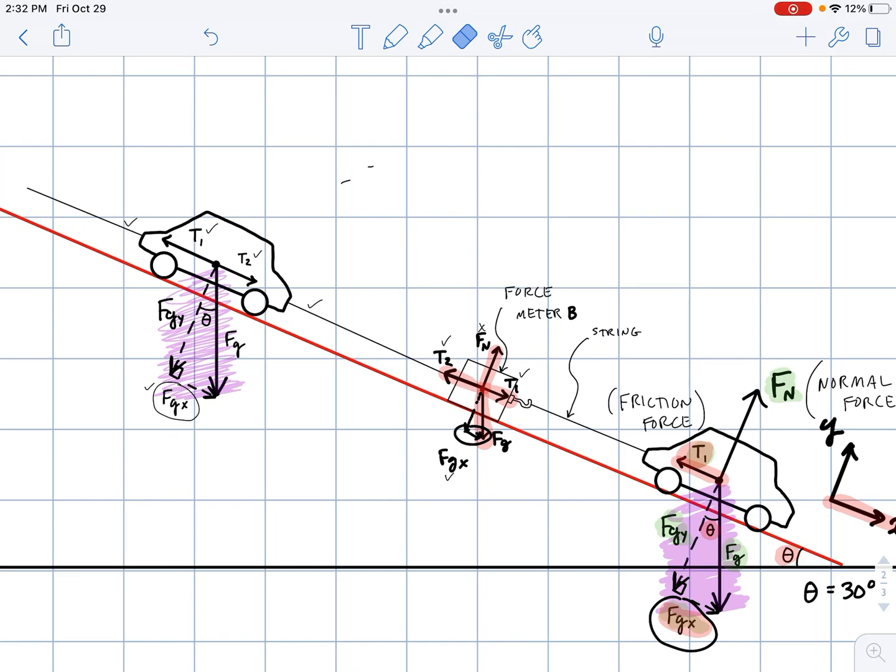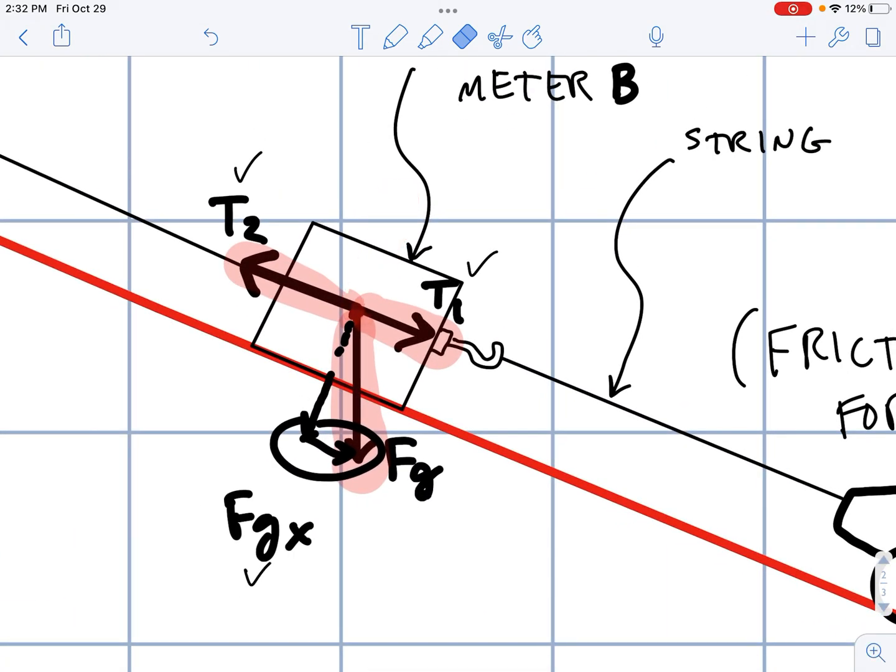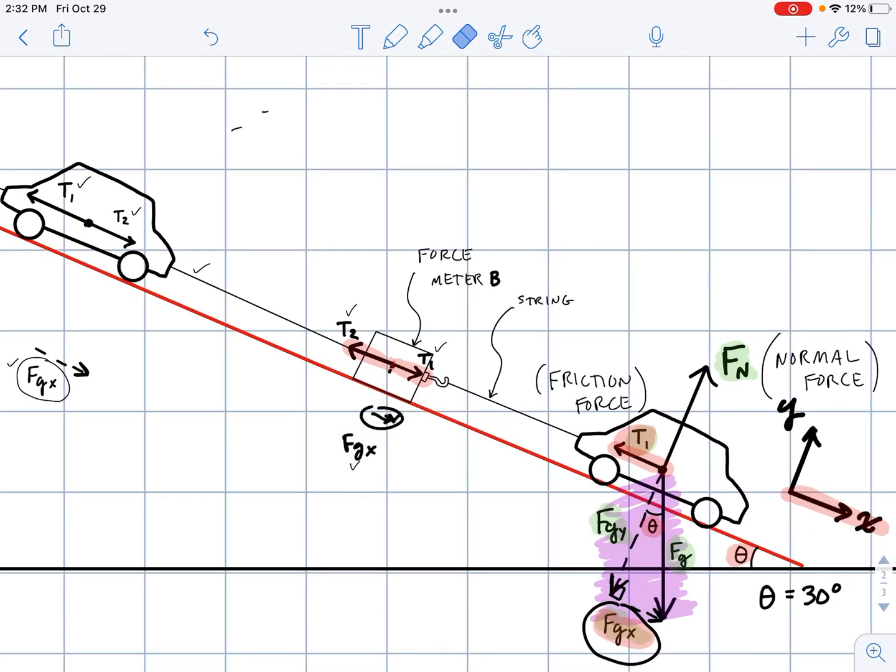There is very little friction on the diagram. That's why that's been erased. All right, so we've got T1. I'm going to even erase FGY, and I'll just leave FGX, which is going down the ramp. So we've got FGX. Same thing here. I'm going to delete the normal force, and we'll even delete FG, but we'll make sure to leave FGX. That's kind of sloppy.